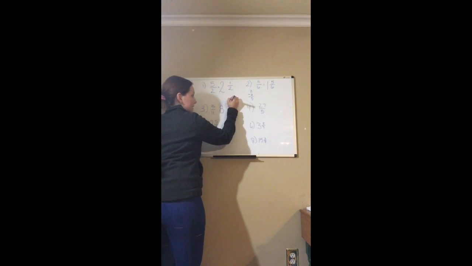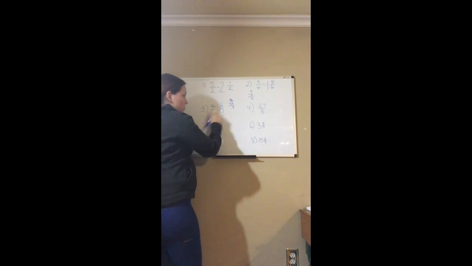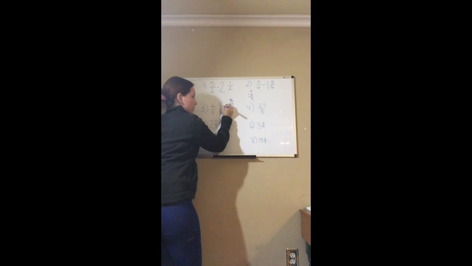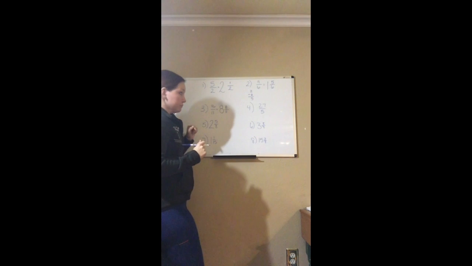So we're going to take 96 and subtract 88, which should give us a leftover of 8. So our leftover becomes our numerator, and we keep the same denominator. So 96 over 11 will give us 8 and 8 elevenths.